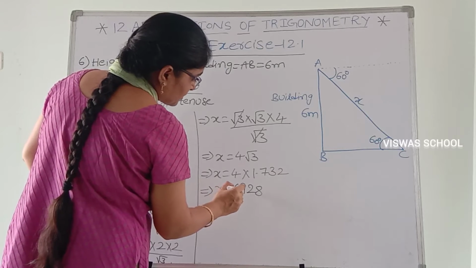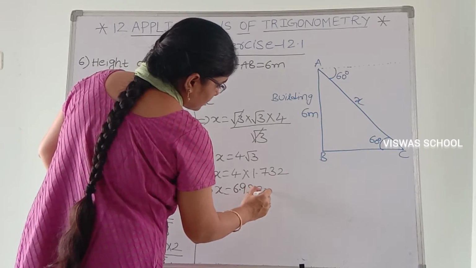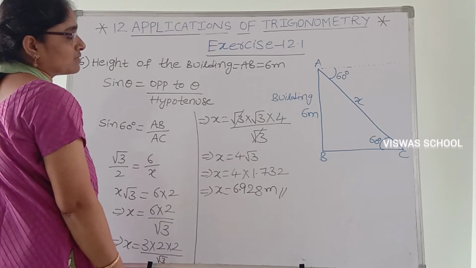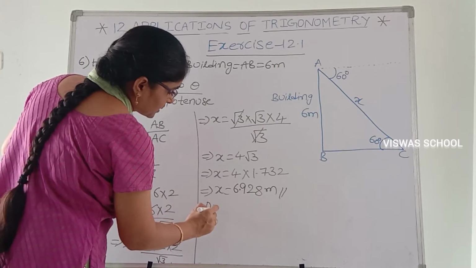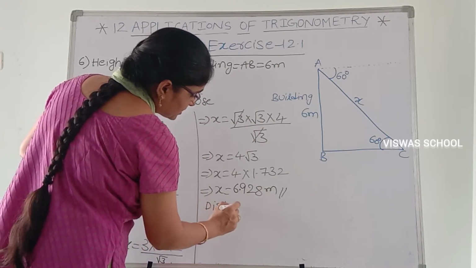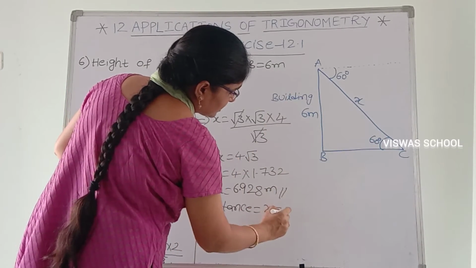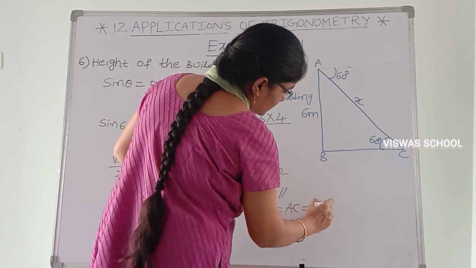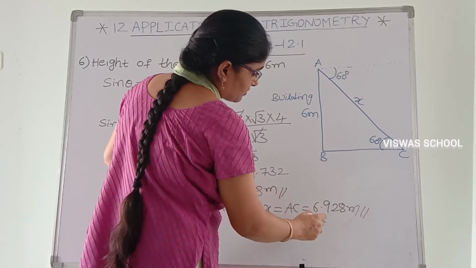That is 6.928 meters. 6.928 meters is the distance between you and the object. Distance equals x equals AC, which is 6.928 meters.